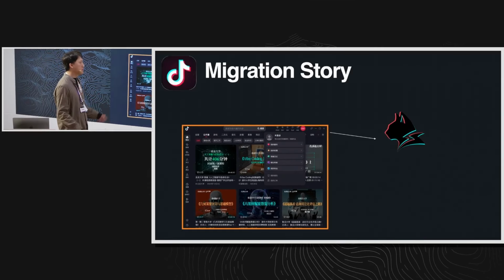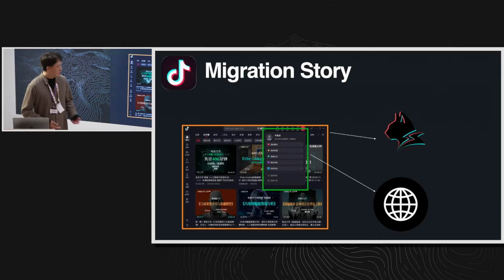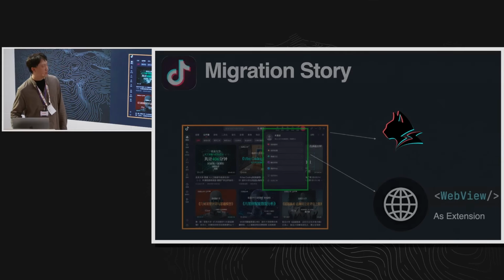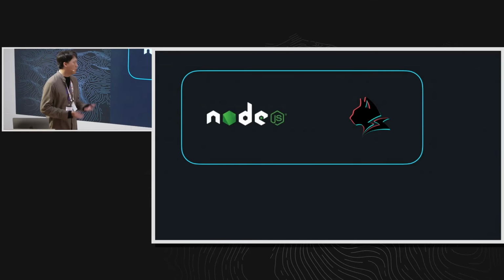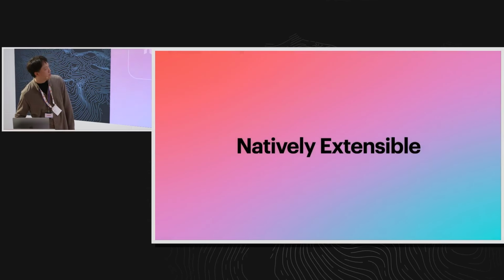By having the most important UI migrated to Lynx, while still leaving part of the UI rendered using web. And we support that by having a web view as an extension to Lynxtron. Yes, Lynxtron itself does not have any support for web view, but we can have a web view as an extension. That would be the second feature I want to introduce for Lynxtron: it is natively extensible.